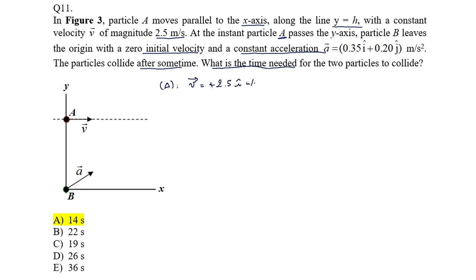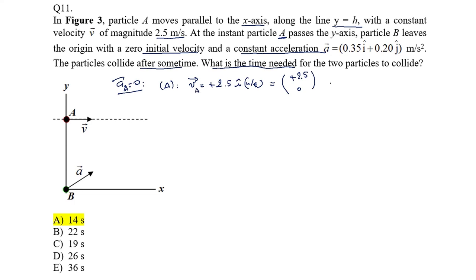Of course, the unit is meter per second. Of course, for particle A, the acceleration basically is 0 along both directions. So the velocity, of course, is plus 2.5 along the x direction and 0 along the y direction, the velocity of particle A.